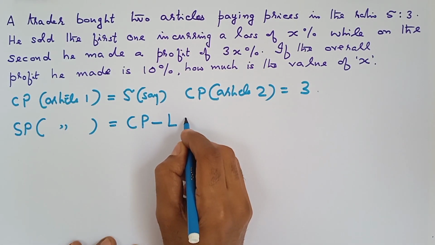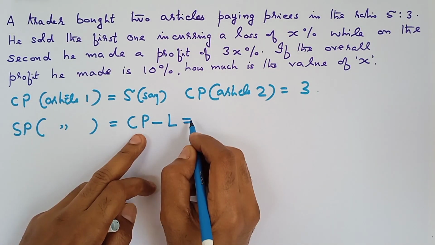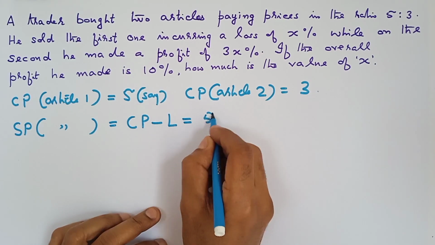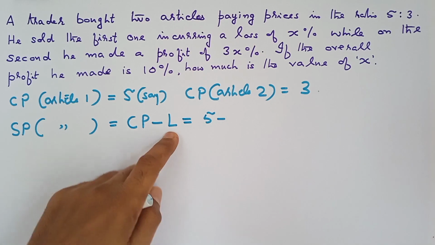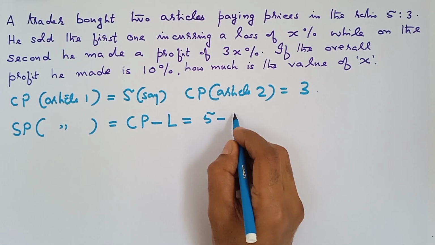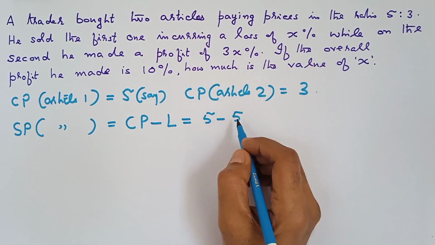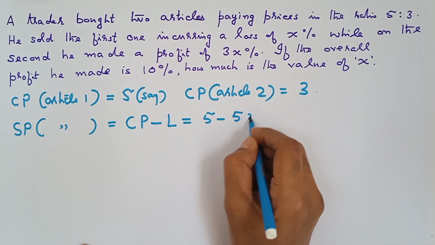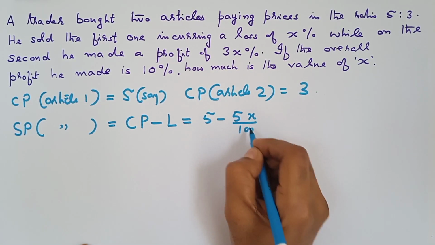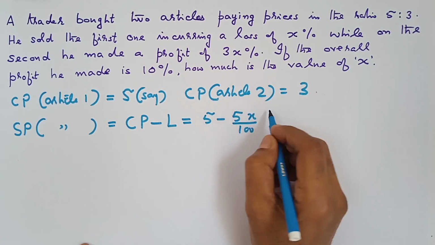So CP is 5. Now this L stands for absolute loss. How do you find that? That will be a certain percentage of 5, and that percentage is given to be X. So this will be the loss.